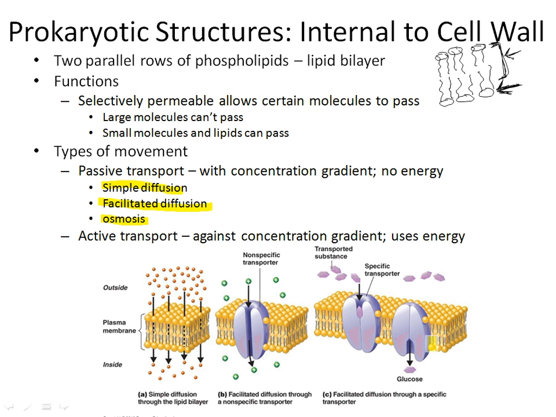With active transport, we are going in the opposite direction of diffusion, of passive transport. With active transport, I'm going to take a molecule from where I have less to where I have more. That's active transport.